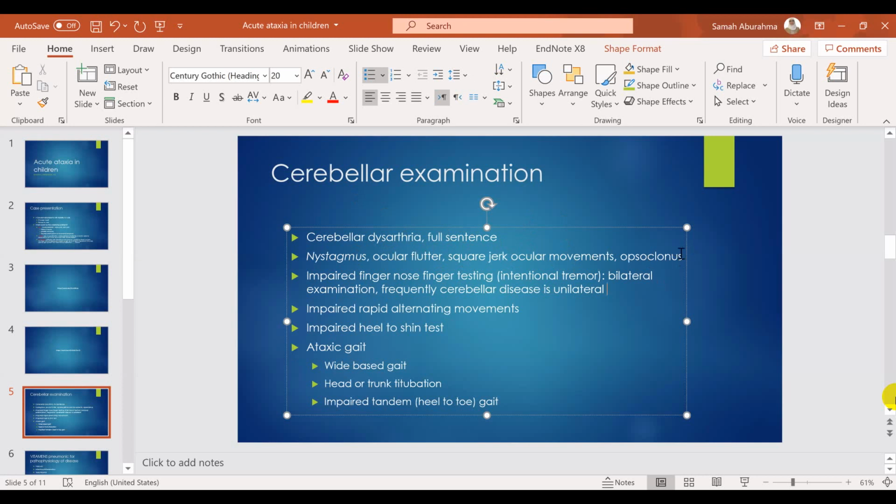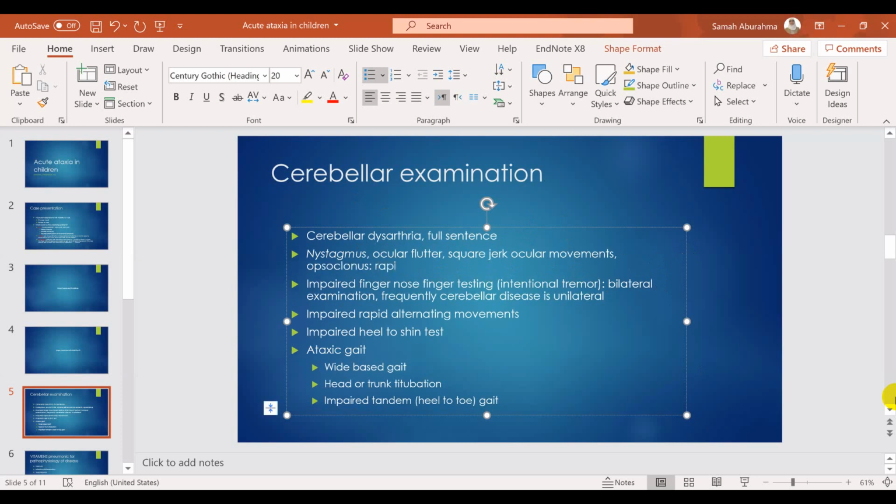Most of the time they are rapid conjugate eye movements, sometimes called dancing eyes. Okay? We can see a variety of oculomotor abnormalities with cerebellar examination. I think for your level, if you remember nystagmus, it would be excellent. Okay?